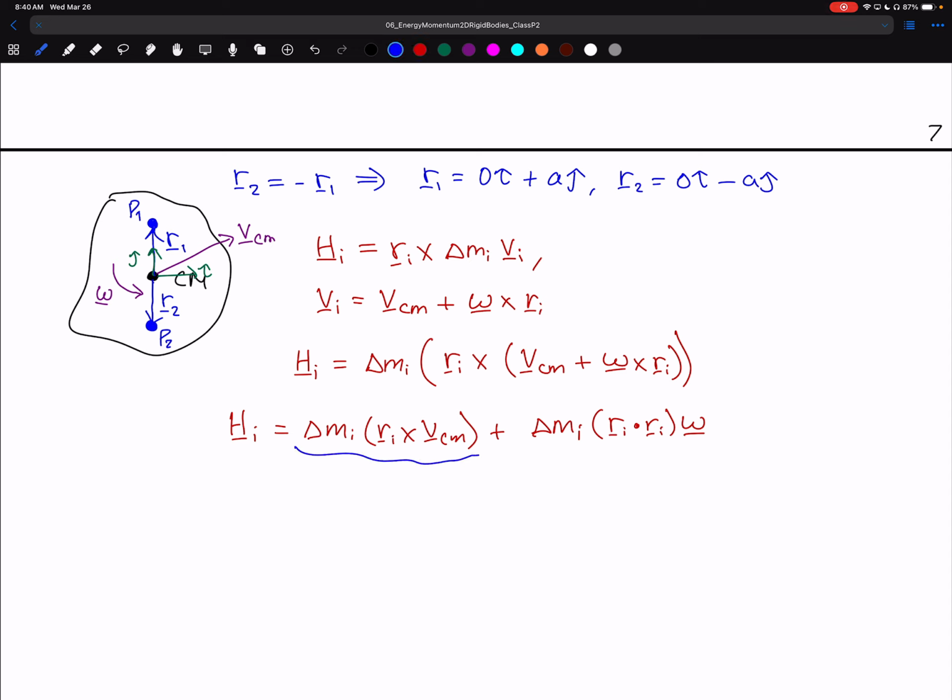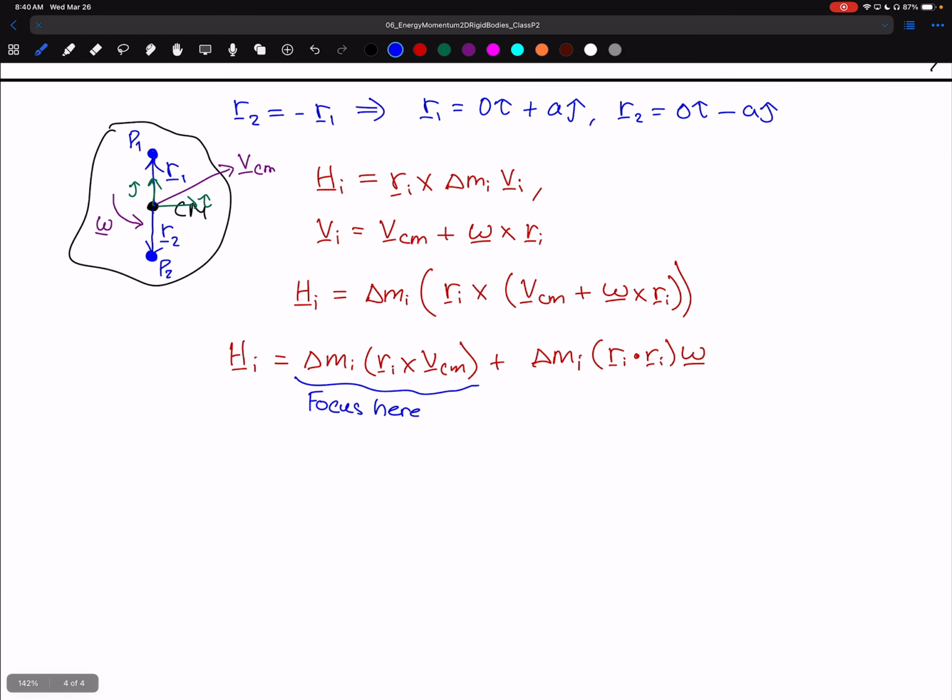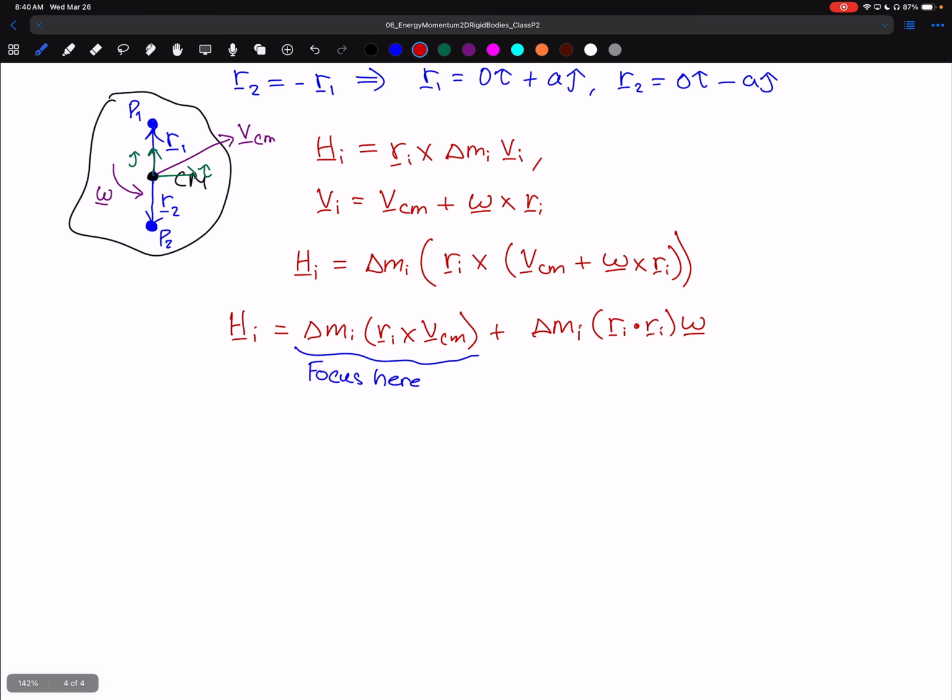We already know the second term exists. We want to know what happens with this first term. So we're just going to say that the velocity of the center of mass is Vx in the i plus Vy in the j, whatever that is. And then omega, well, we actually don't need omega, so forget about omega.